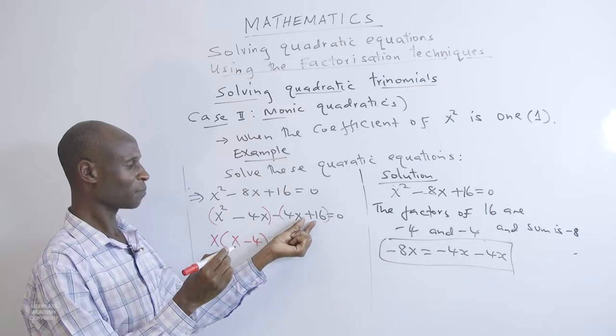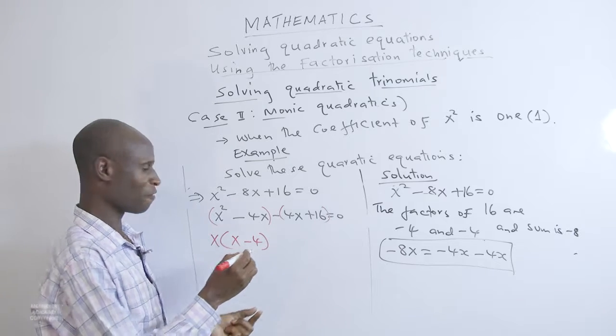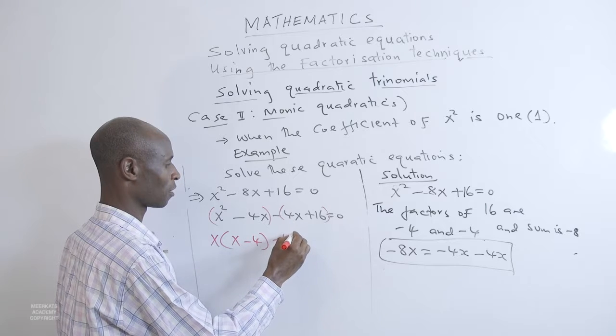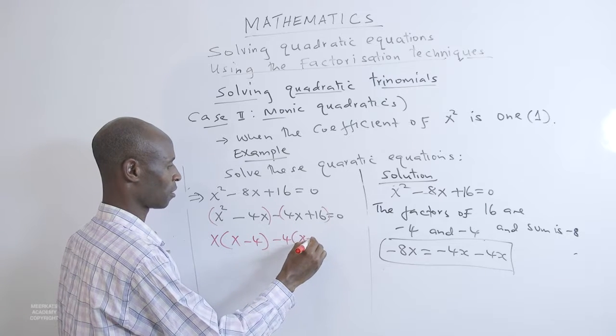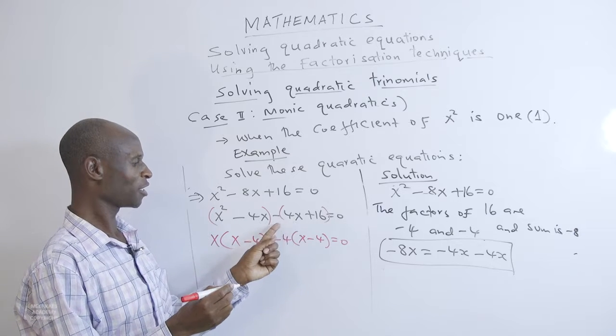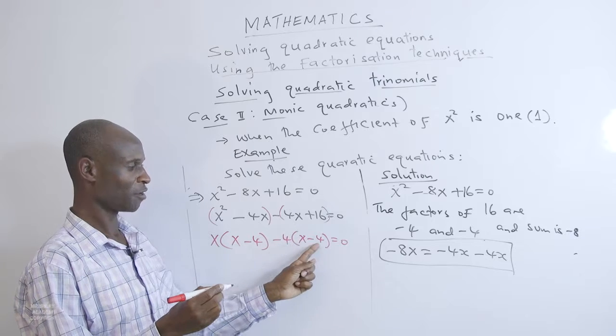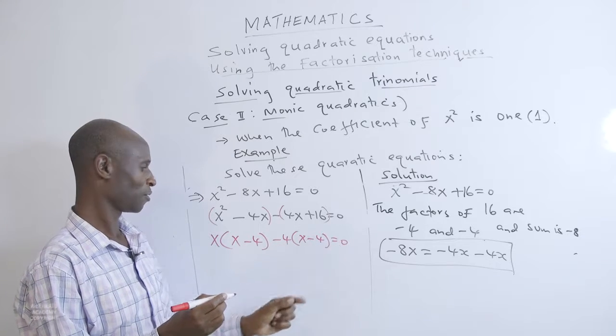Then negative 4x plus 16, what is common is negative 4. Minus 4x divided by negative 4 is x. 16 divided by negative 4 is negative 4.